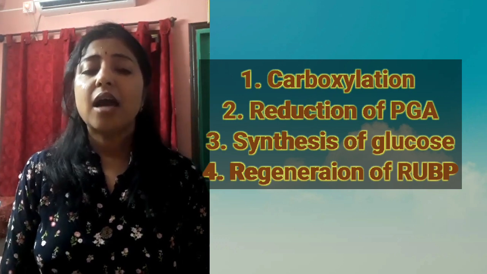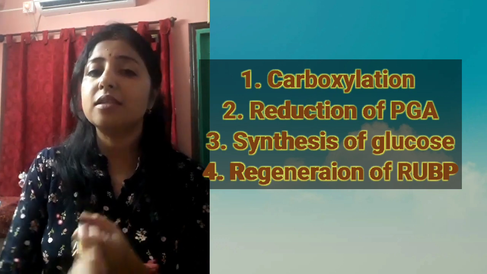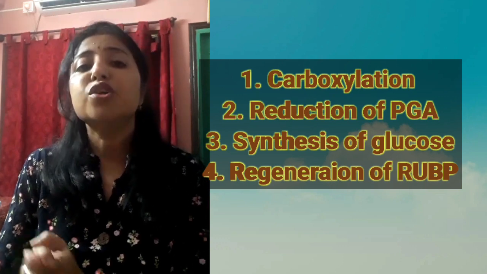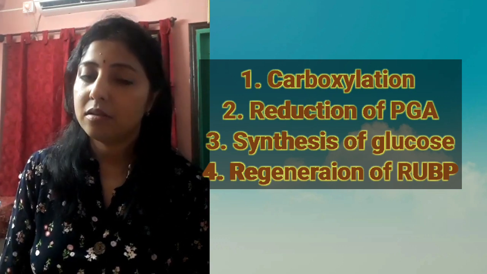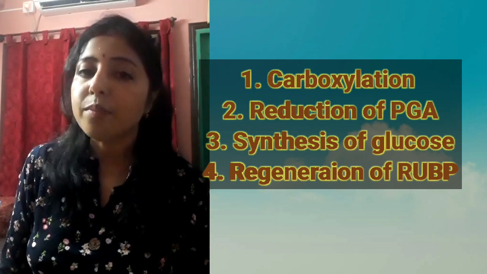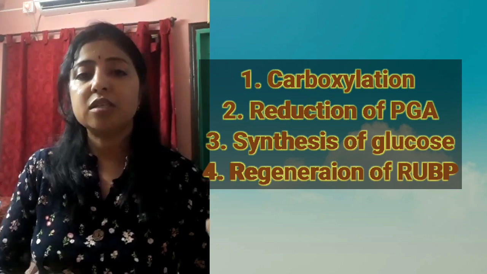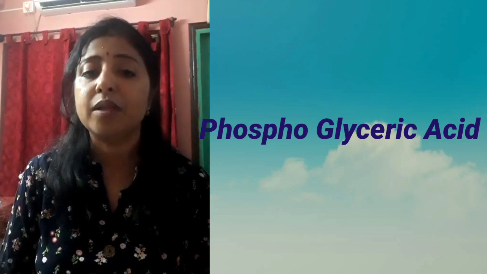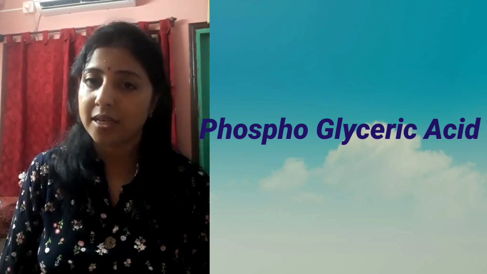And here RuBP is needed as substrate. Carbon dioxide is also needed as raw material, which is taken by green plants to produce the first stable product, known as phosphoglyceric acid.